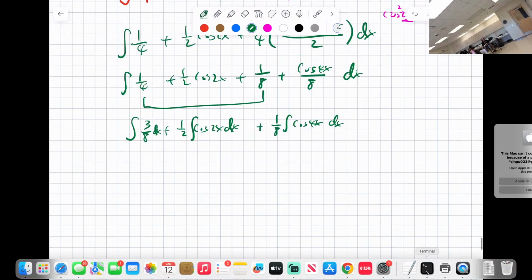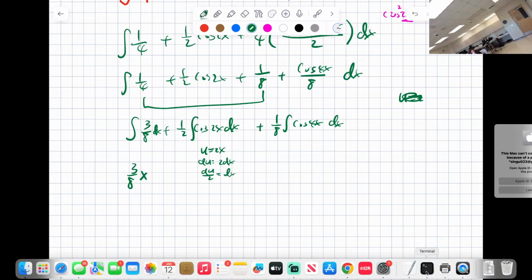So this one's 3 over 8, which is going to be 3x. And for the second one, u equals 2x, du equals 2 dx, du over 2 equals dx.